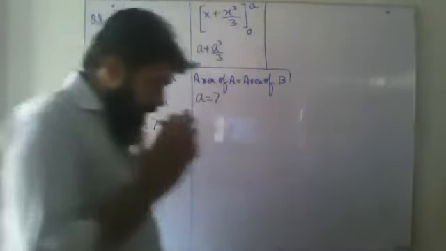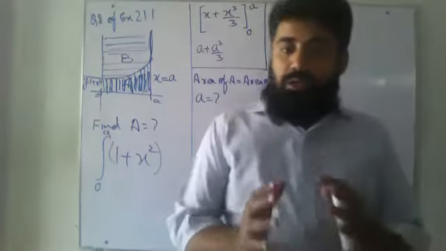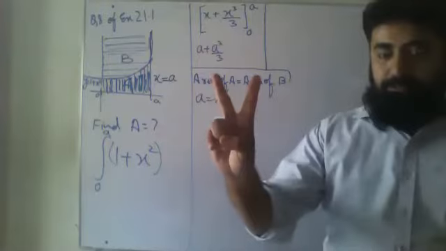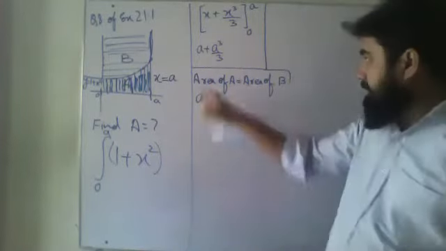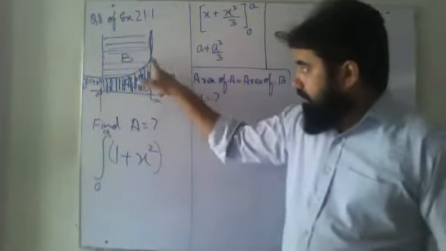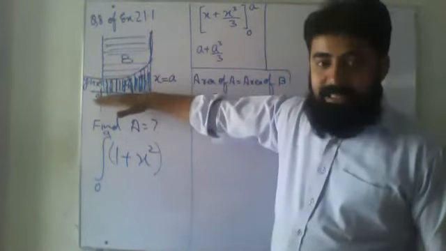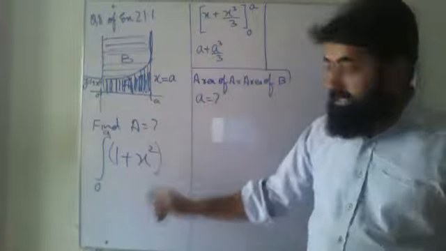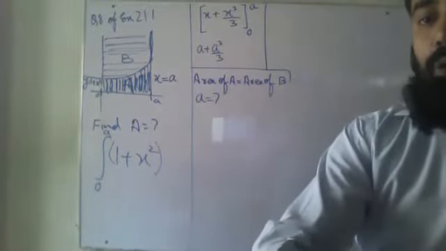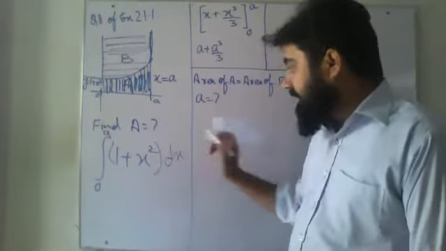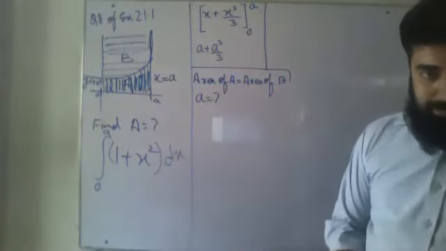See, whenever we are going to find the area under the curve, there can be two axes. Either it is along with the x-axis, like this one. This is the area under the curve, and it was with the x-axis, so I have integrated it with respect to x.